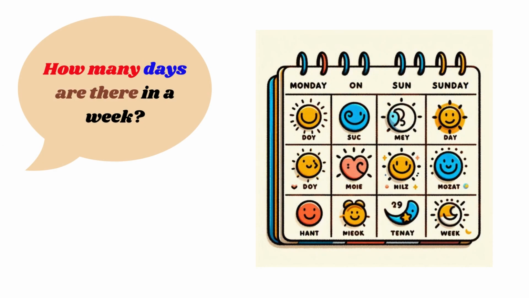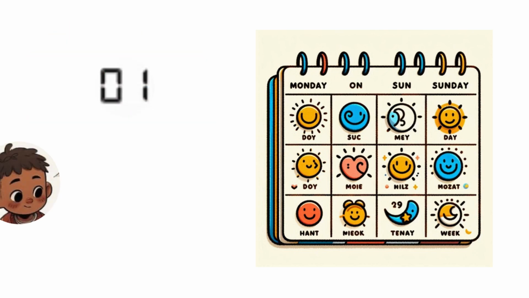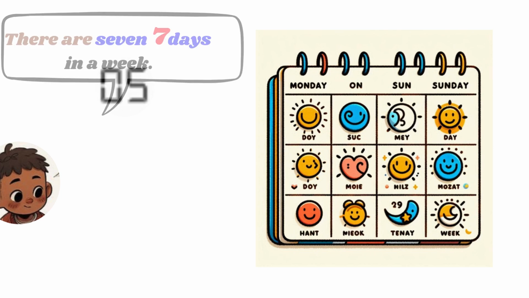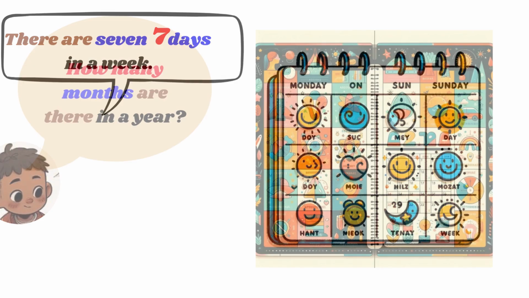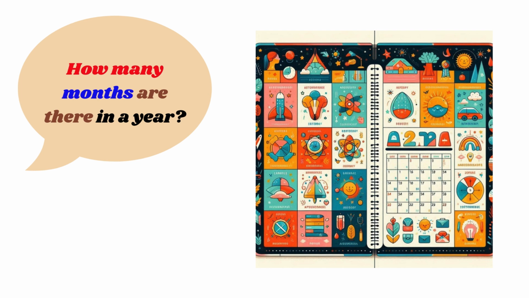How many days are there in a week? There are 7 days in a week. How many months are there in a year?